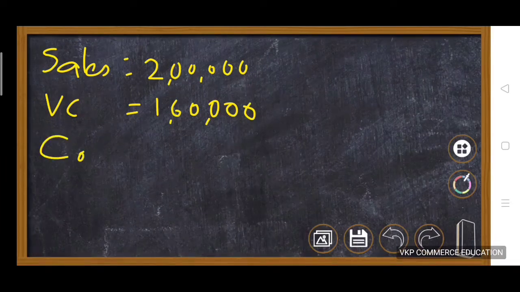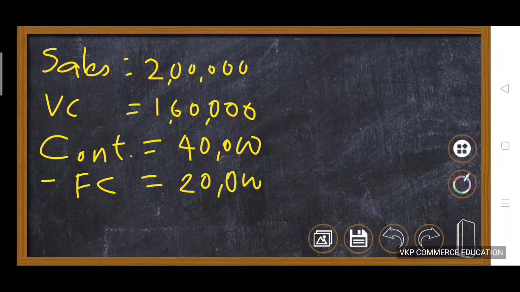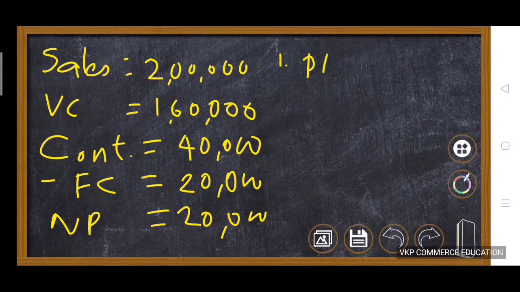Then normally next is contribution, which is equal to 40,000. Then we can expect next is less fixed cost, that is 20,000. Then profit or net profit is equal to 20,000. The question is given in the marginal cost statement nature.